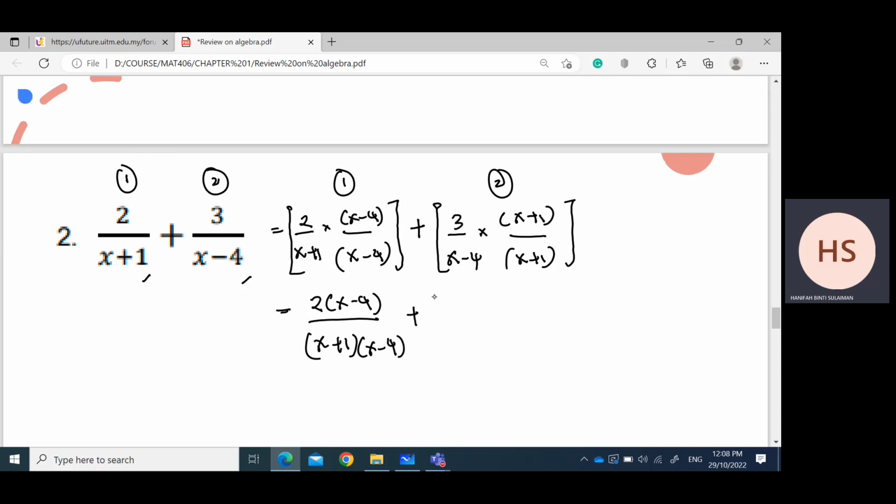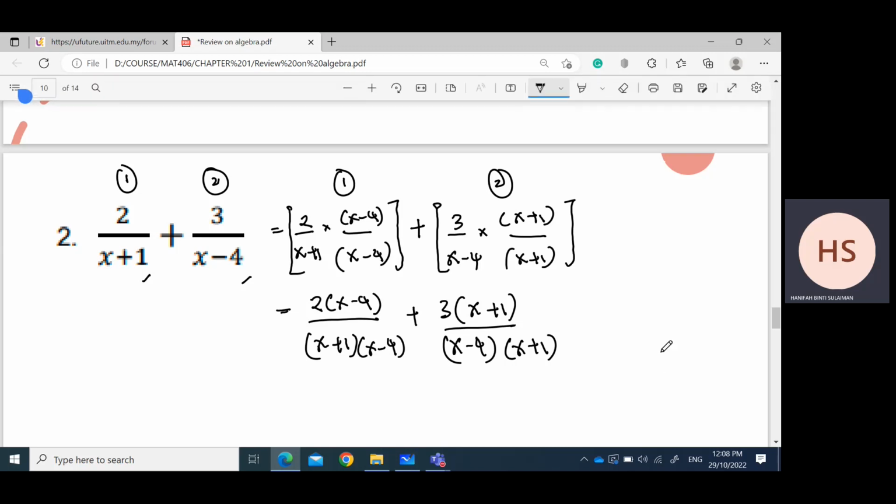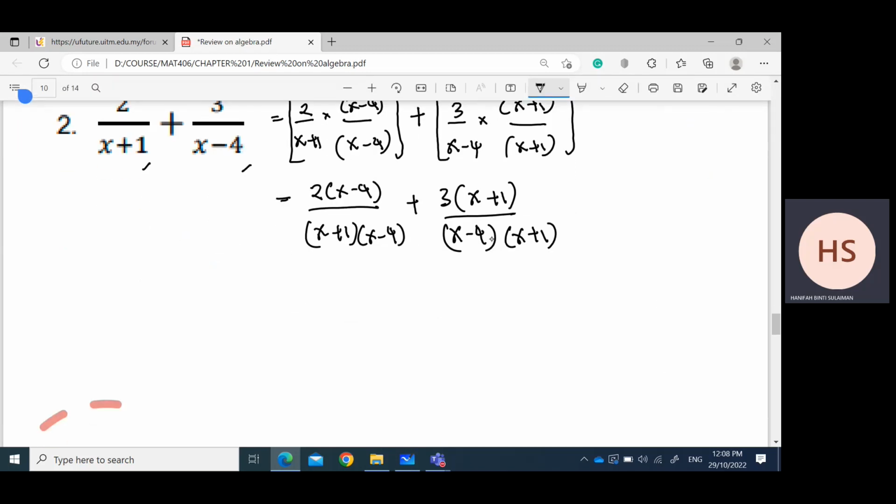And then plus with the second term, which is 3 times x plus 1 over x minus 4 times x plus 1. Okay, so now we identified that our denominator are equivalent between first and second terms.